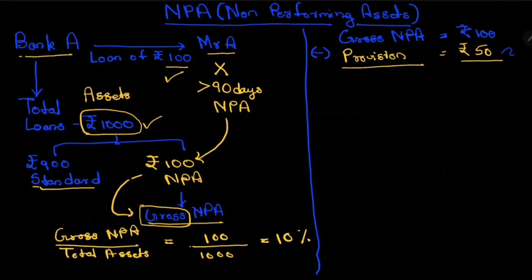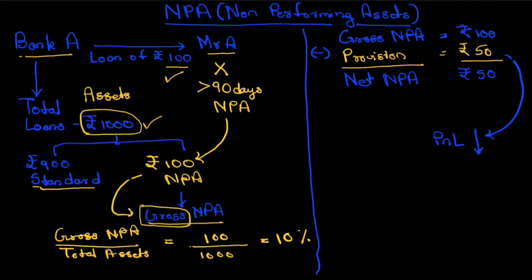Now, this 50 rupees will be debited to the P&L account of Bank A. So, its profit during this year would come down by rupees 50 because of this provision. The amount that we get after reducing provision from gross NPA is nothing but net NPA. So, net NPA in Bank A's case will be rupees 50.